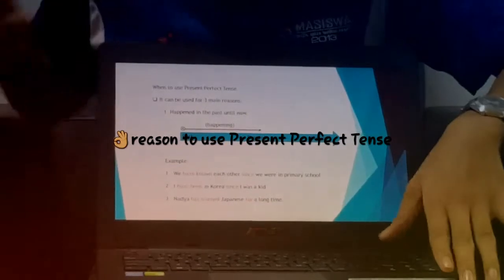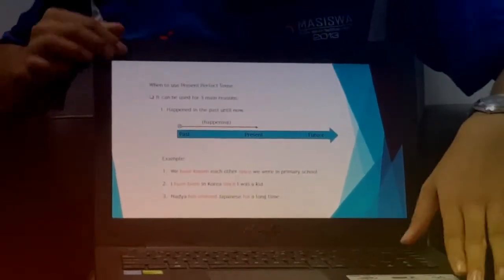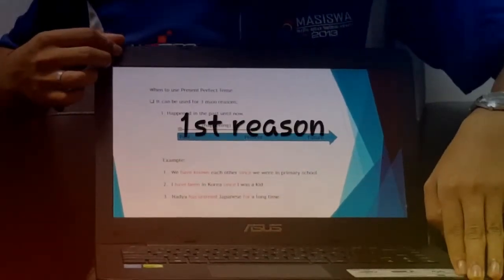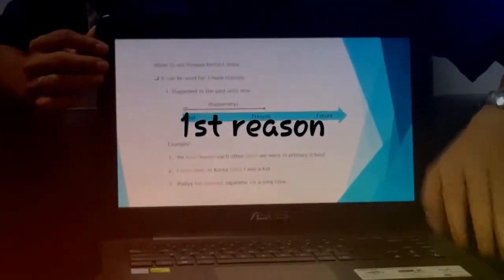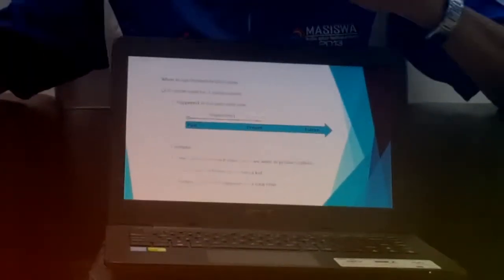Example number one: we have known each other since we were in primary school. They have known each other since primary school and still know each other until now. That is what I meant by something that happened in the past and is still happening until now.